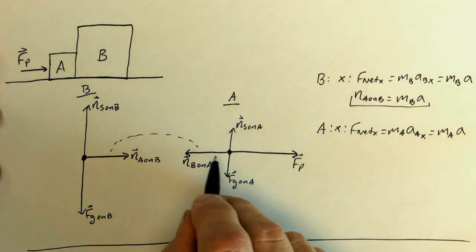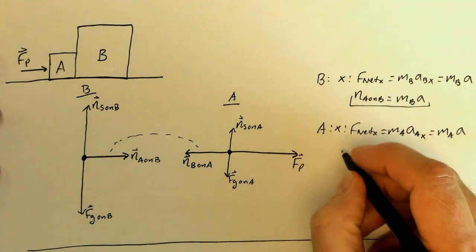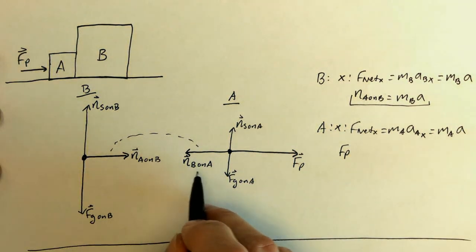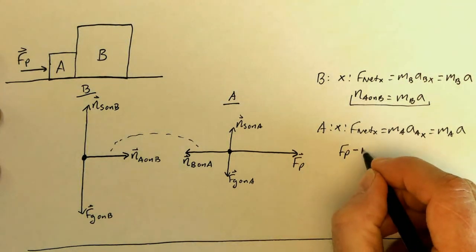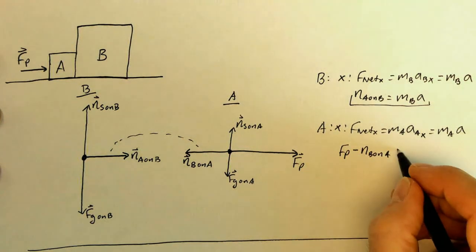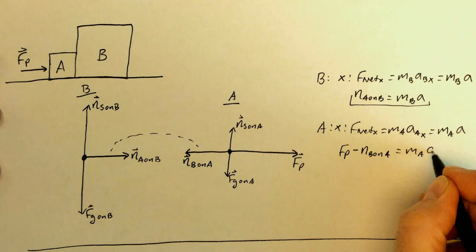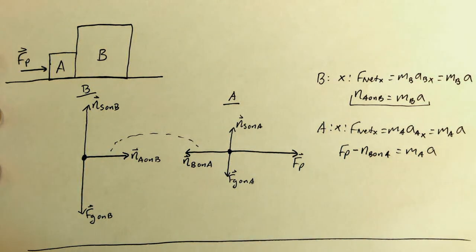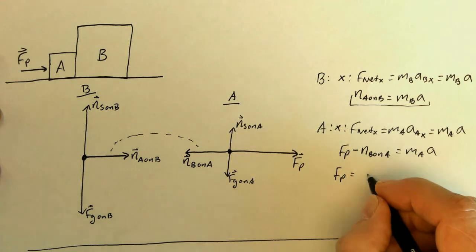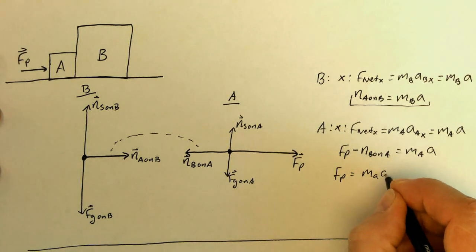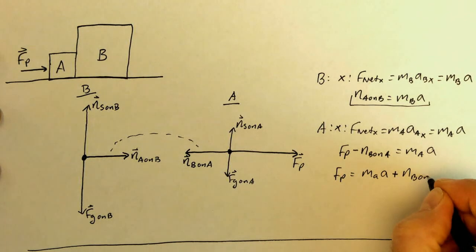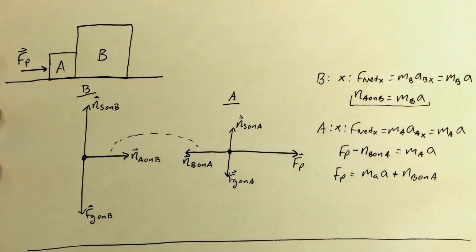I look at my free body diagram, I see there's a forward push force, so I'm going to say F_P, backwards force here, minus N_B on A. That must equal m_A a. And just a little rewriting, F_P is going to be equal to m_A a plus N_B on A.